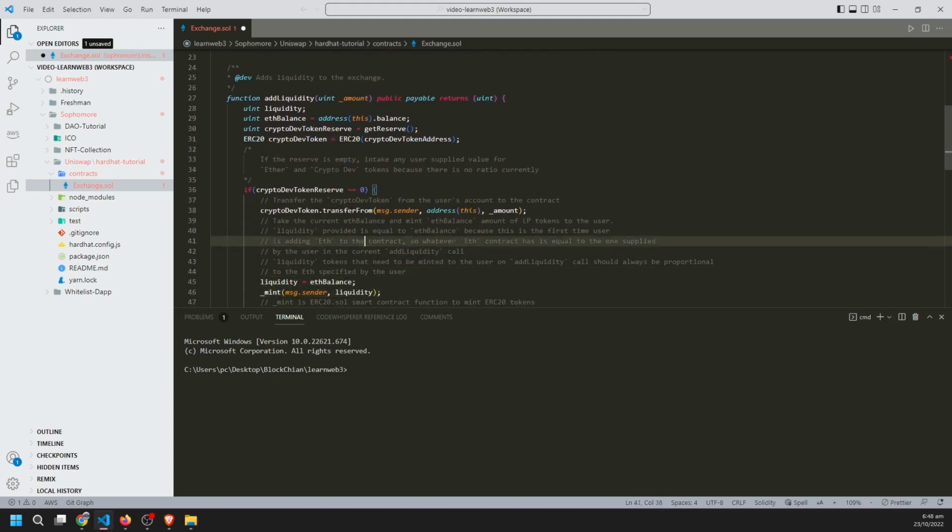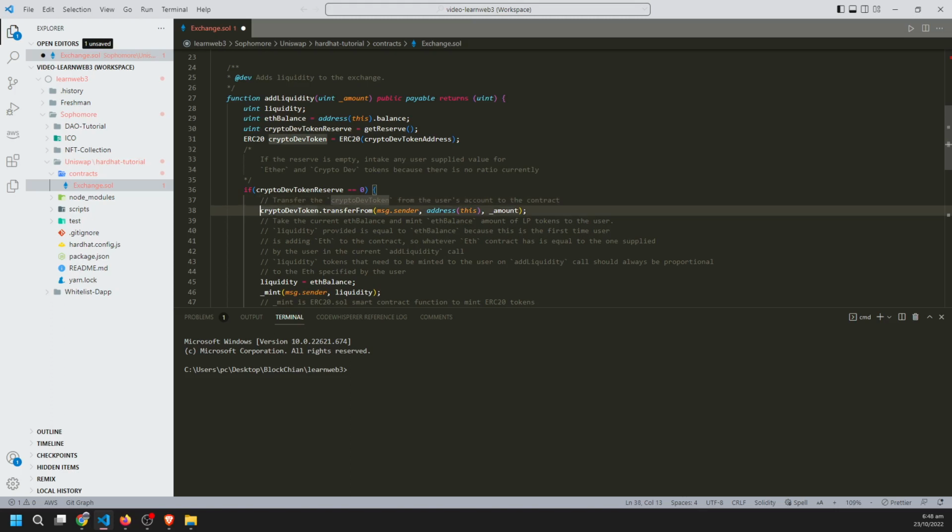So if the reserve is empty, take in any user supplied value for ether and crypto dev tokens because there is no ratio currently. If there is no reserve, then use this condition: transfer the crypto dev token from the user's account to the contract.